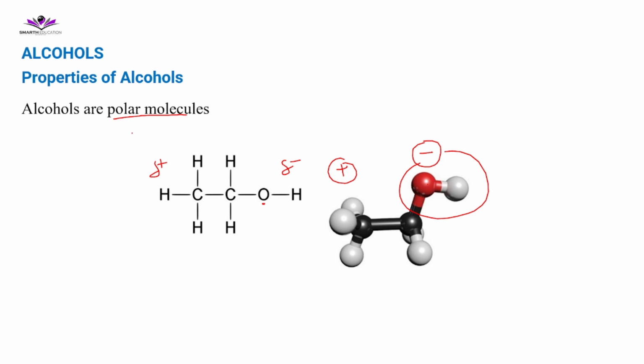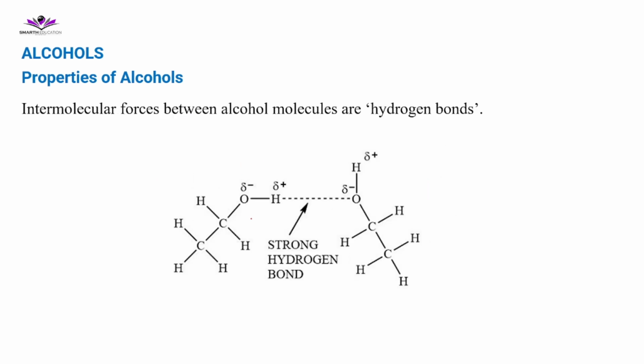So because of this, alcohols are polar molecules. And then because of the presence of oxygen here, and the next molecule of alcohol having a hydrogen like this, one of the intermolecular forces between the alcohol molecules is hydrogen bonding, which is very strong compared to other intermolecular forces.